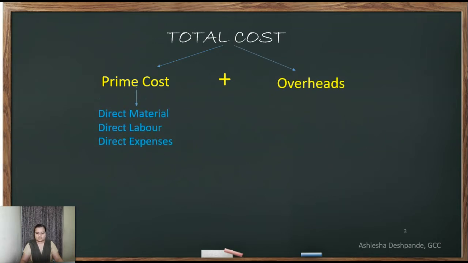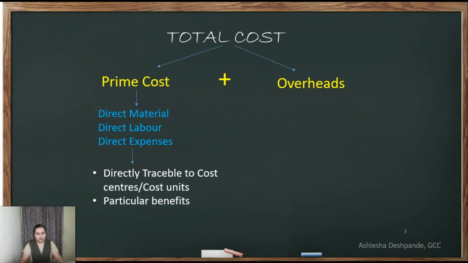It comprises of direct material, direct labor and direct expenses. Why direct? Because these expenses are directly traceable to particular cost centers and cost units, and they have very particular benefits associated with them. For example, if you buy certain raw material which is directly going to go in particular finished product, then you can associate the cost of that raw material directly to that particular product.